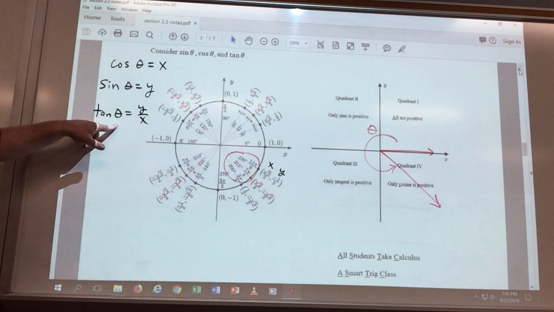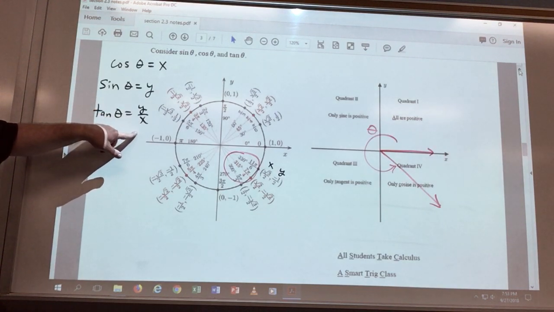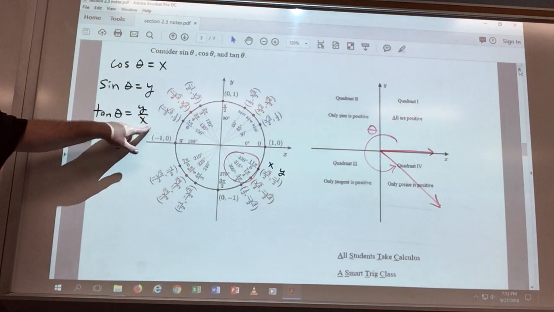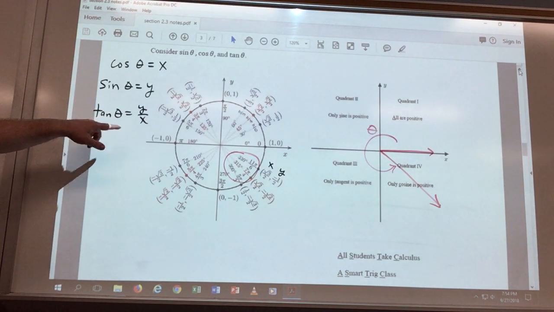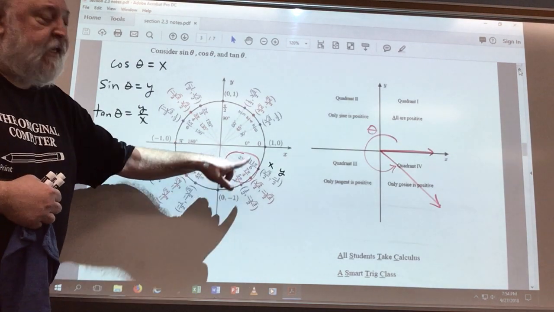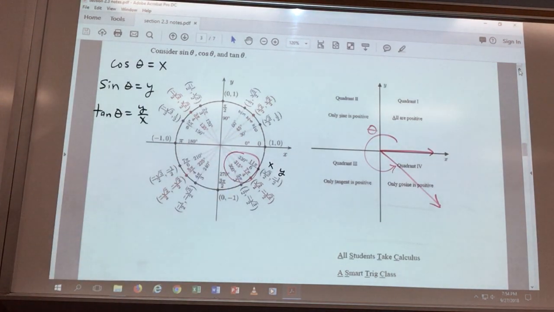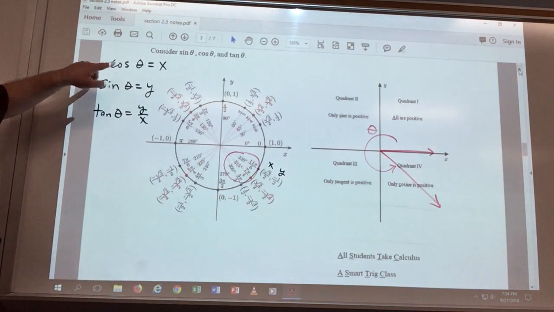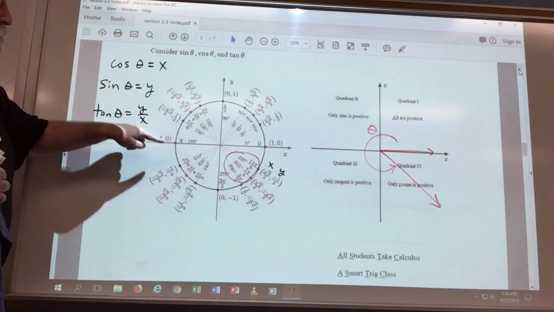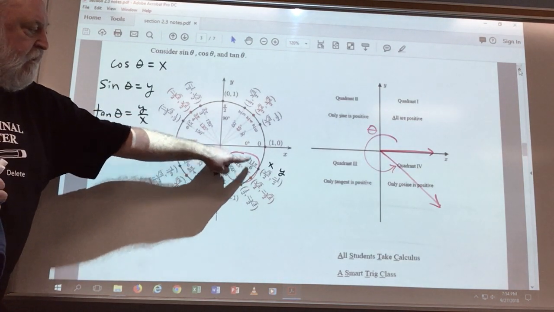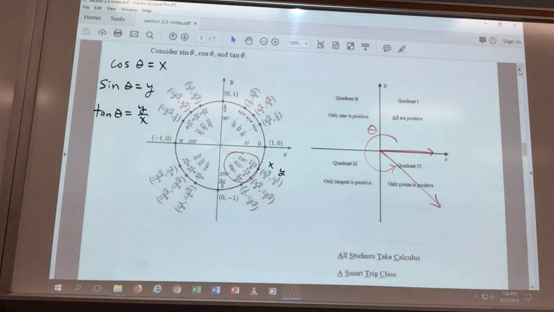The tangent of that angle, which is equal to y over x, well, y is negative, x is positive, negative over positive is negative. So that means the tangent function has a negative value for any angle in the fourth quadrant. So only cosine is positive of these three trig functions. Only cosine has a positive value for angles in the fourth quadrant.